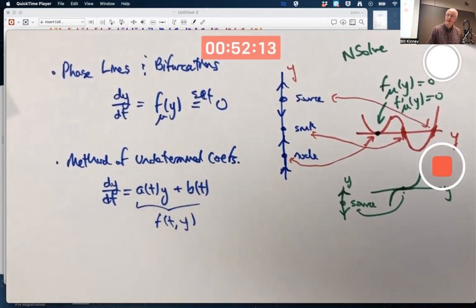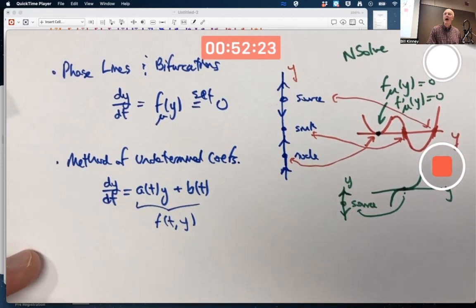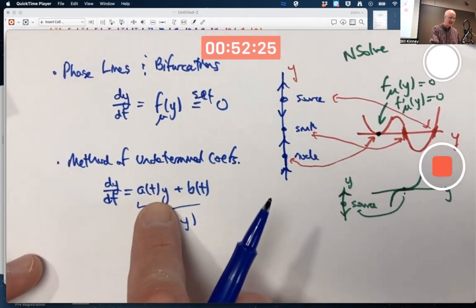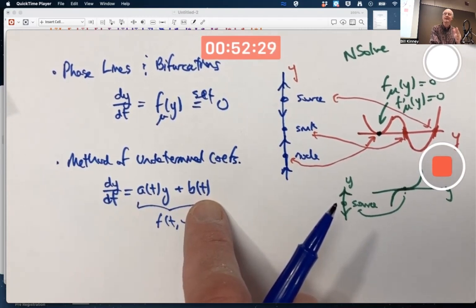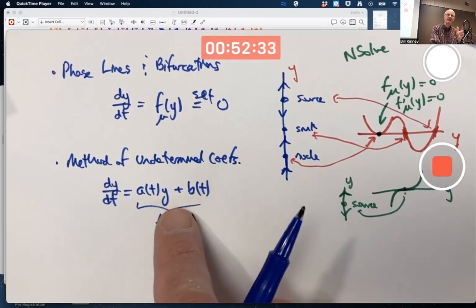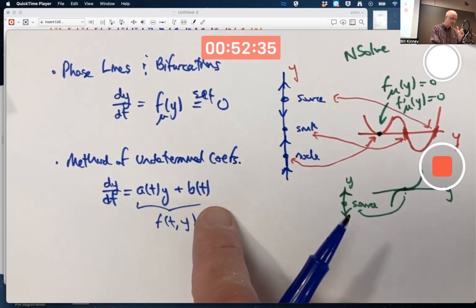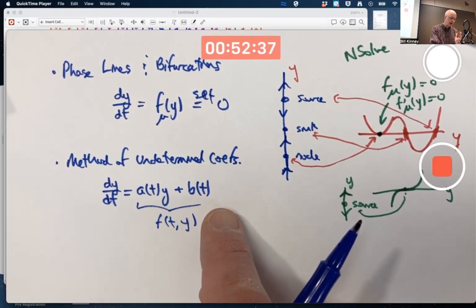It's not necessarily autonomous, so you would not necessarily want to make a phase line for this, though you could make a slope field. But if it's linear in y like this, with first power of y, and there's a constant term, so to speak, not really constant because it depends on t, it's like a linear function of y. That's the form of a linear equation.